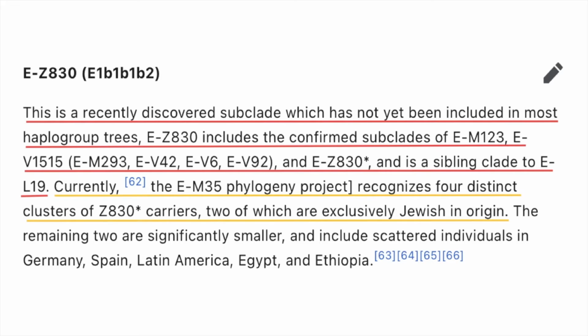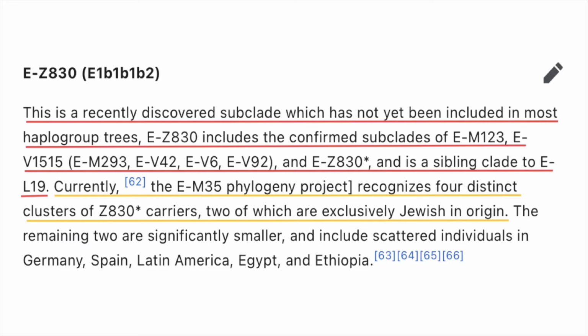E-Z830 includes the confirmed subclades of E-M123, E-V15, which includes E-M293, E-V42, E-V6, E-V92, and E-Z830, and is a sibling clade to E-L19.